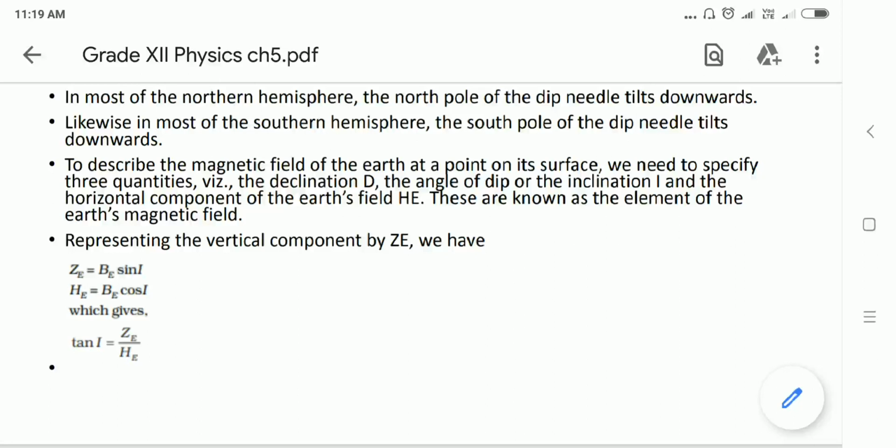Here the vertical component is ZE, that is BE sin I. HE, the horizontal component, is BE cos I. So tan I is sin I by cos I. Sin I is ZE by BE, cos I is HE by BE. So tan I is ZE by BE divided by HE by BE. BE cancels out. So tan I is ZE upon HE.